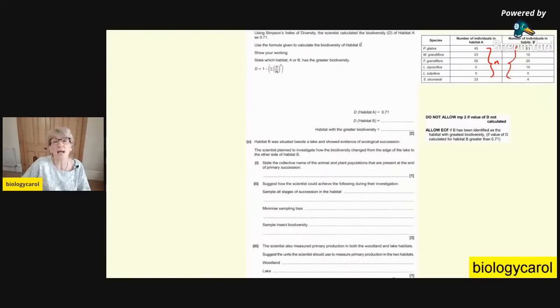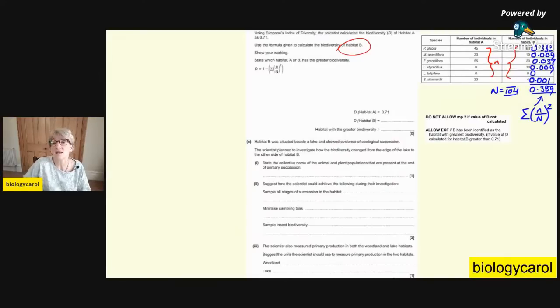So if I'm doing habitat B, I need to do a total of all of these to get big N, and that is 104. So now we can come to this horrible bit of the formula. What I have done is little n, 60, divided by big N, 104, squared on each of these lines.